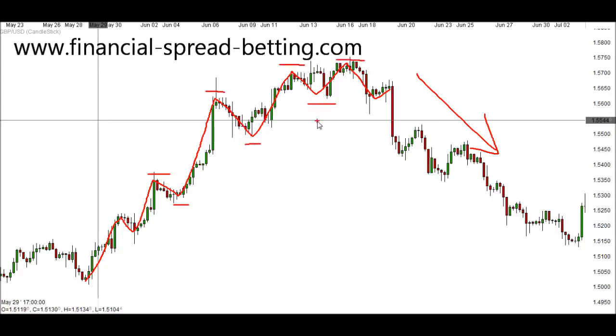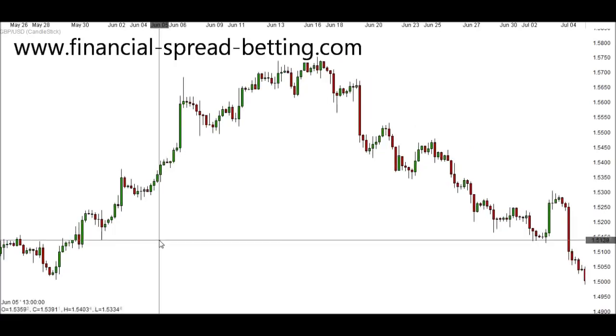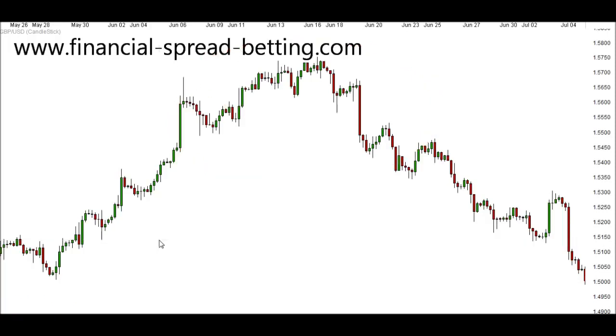If we look at the price action in mid-June, around this area, we have a push, a pullback. We've made a higher high and a higher low, which is the characteristic of an uptrend. We've made another higher high and higher low. Price goes through a push, creates a higher high. So the uptrend is still looking good, it's still looking healthy. But when we go for the pullback, we actually make a lower low, not a higher low, which we would expect on an uptrend. This could be a signal that this uptrend has come to an end.